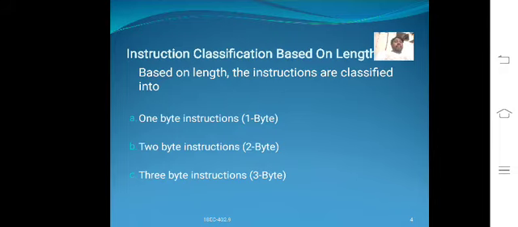Based on length, the instructions are classified into three types: the 1 byte instructions, the 2 byte instructions, and the 3 byte instructions.